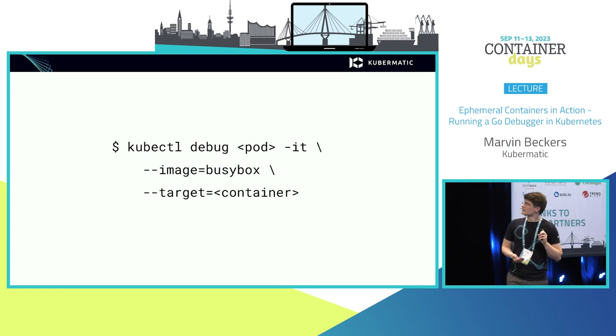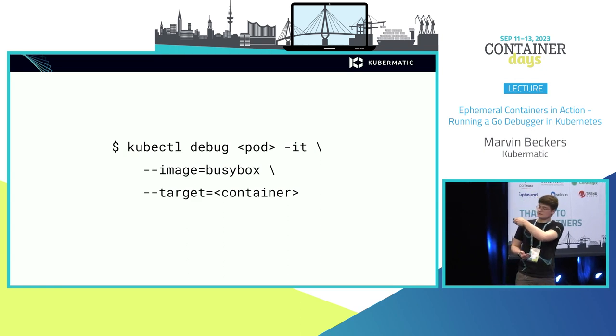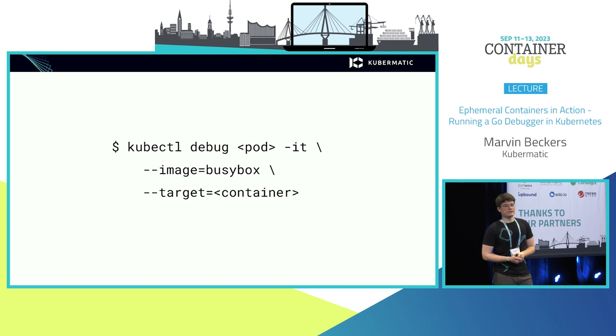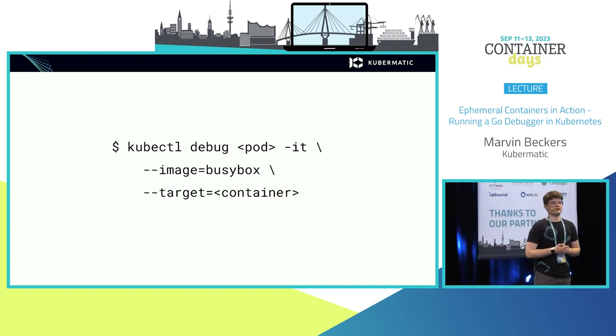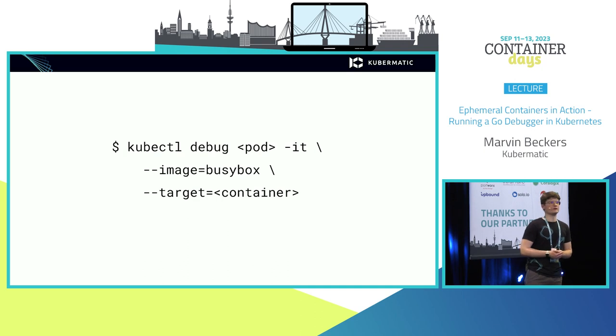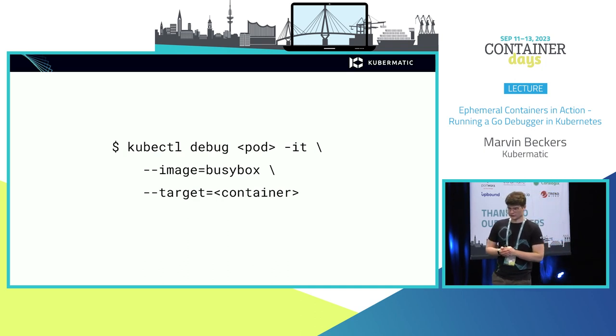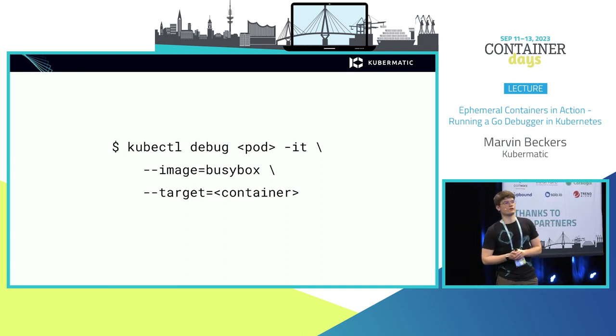And this is also an optional flag, the target flag. And the target flag is pretty important if you want to debug, because it means that you are now sharing a couple of namespaces, most importantly, the PID namespace. And we're not talking Kubernetes namespaces here, we're talking Linux kernel namespaces.